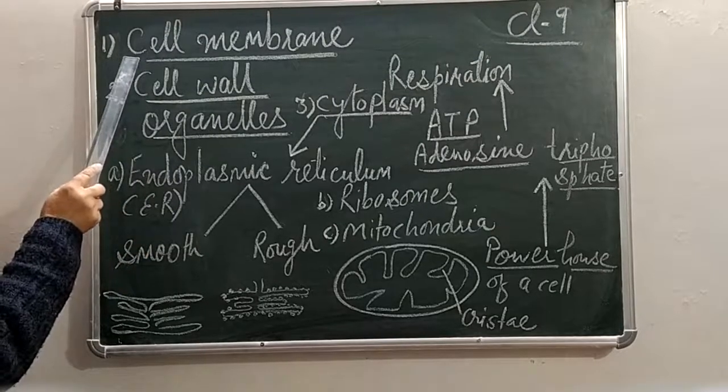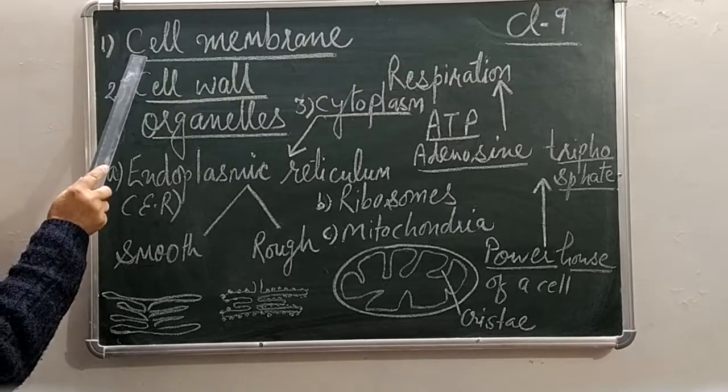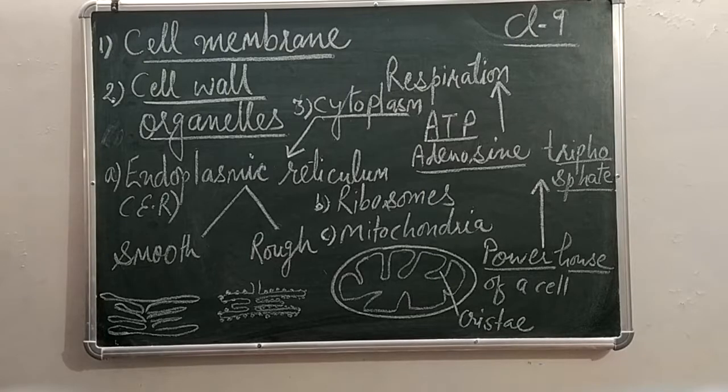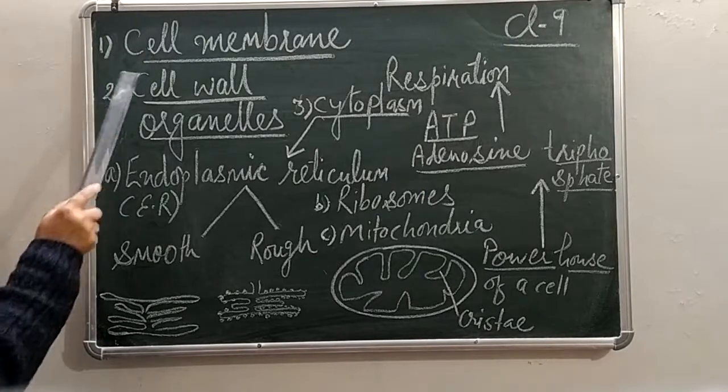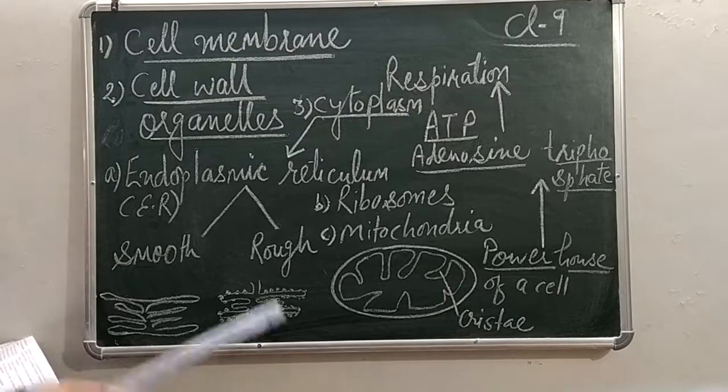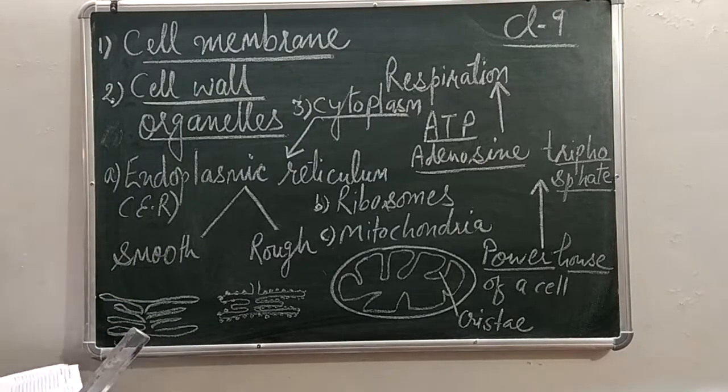So what is the cell membrane? Cell membrane is a very thin membrane and it is called a selectively permeable membrane. Why is it called selectively permeable? Because it allows entry and exit of various substances through it.